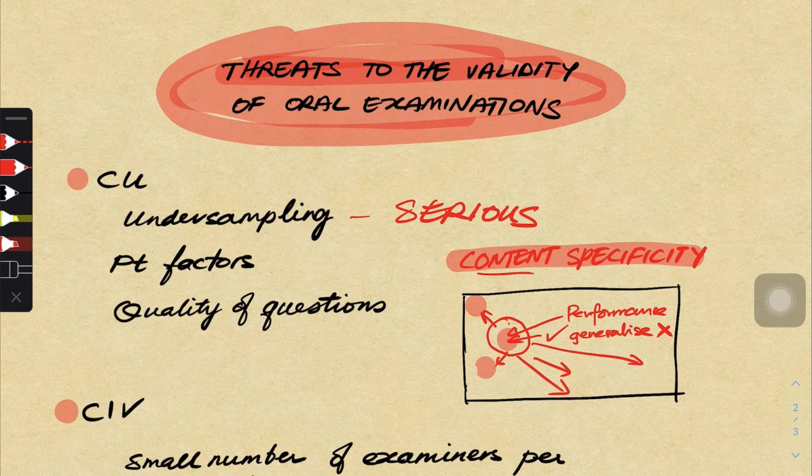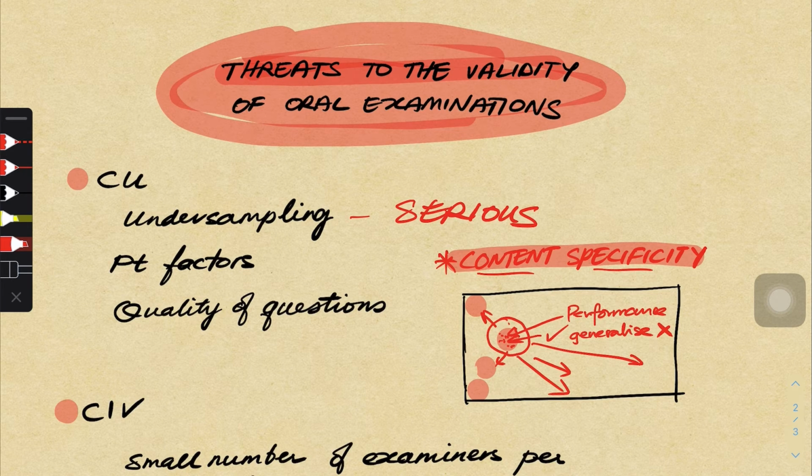We cannot say overall this student is good just because he answers well in this particular question, because there is the element of content specificity. The performance is specific to that particular content. So we ask this question and his response or his performance is specific for the content in this particular area.